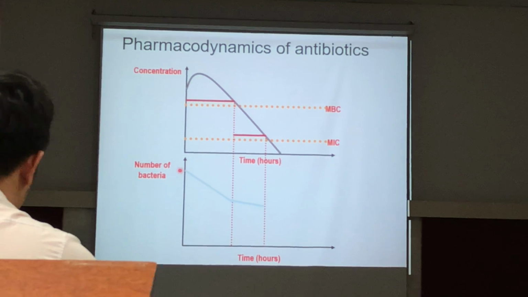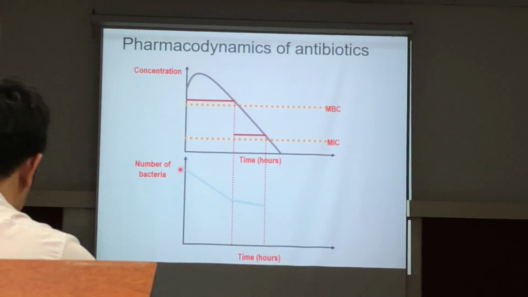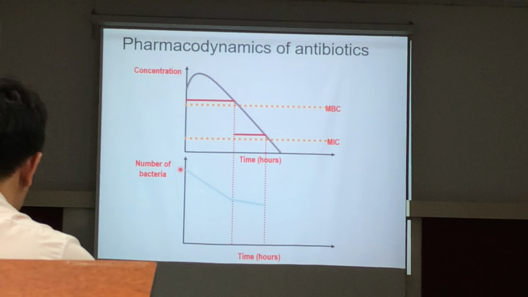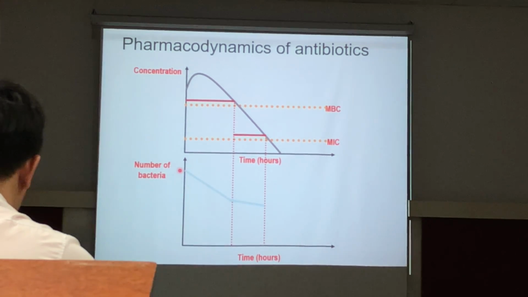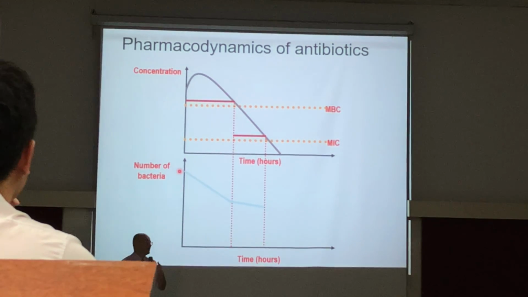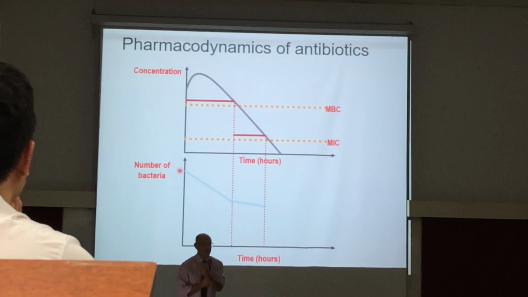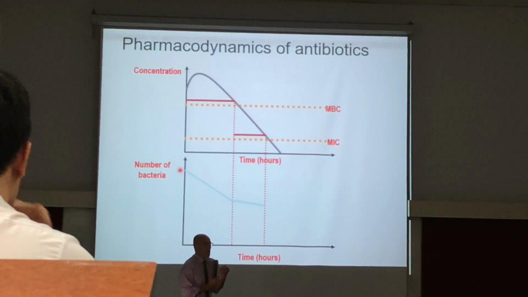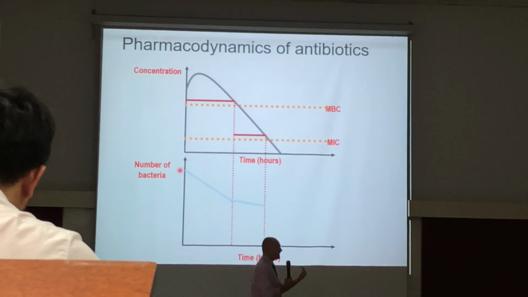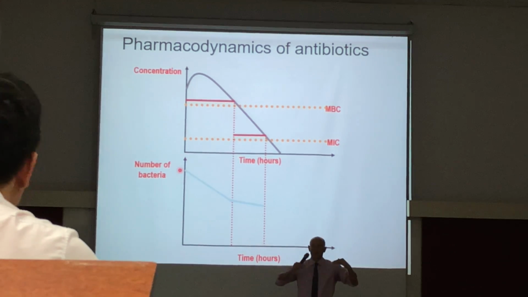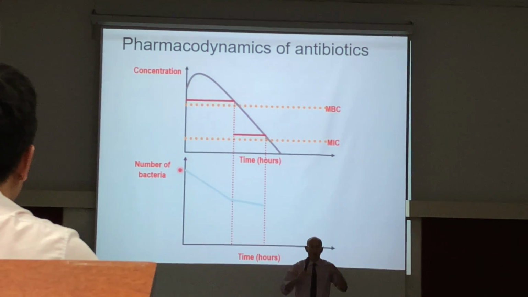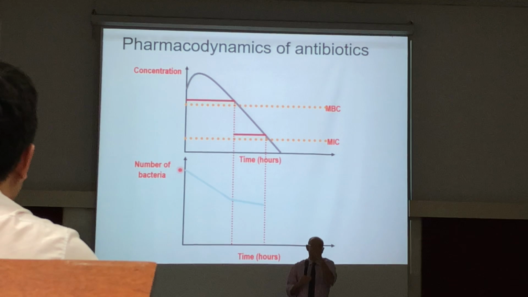What about if I go lower than the MIC? Yeah, he said, right, theoretically, that if I'm at the MIC they're steady, and lower than the MIC, they start to rise again.